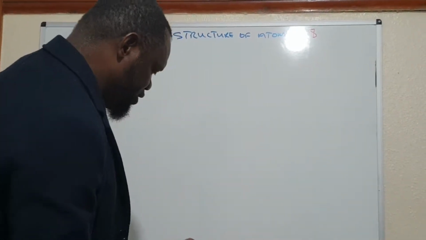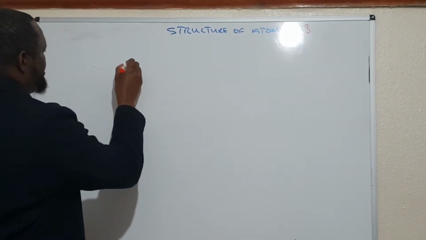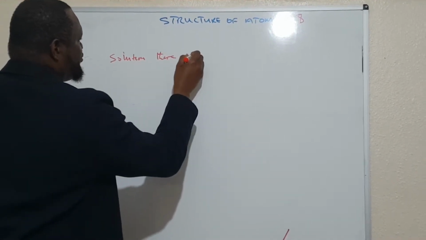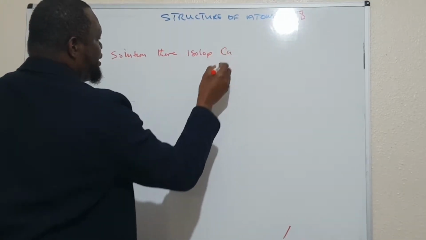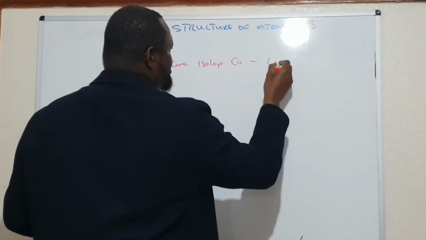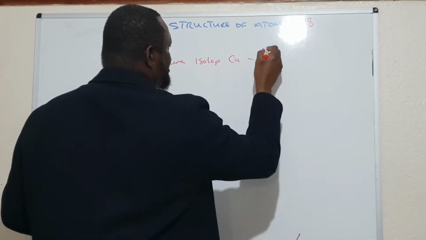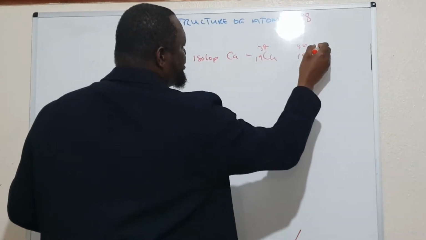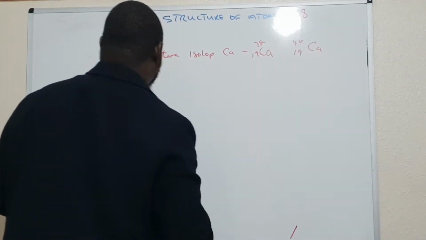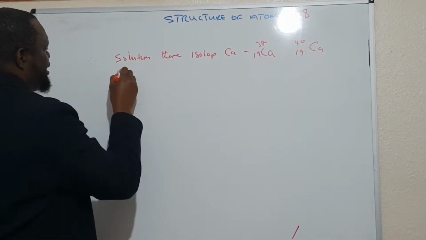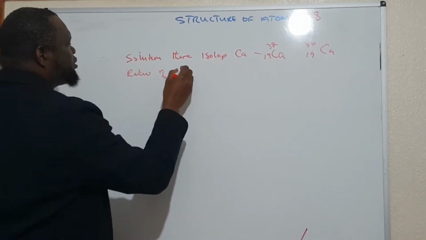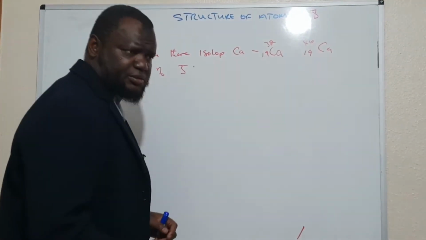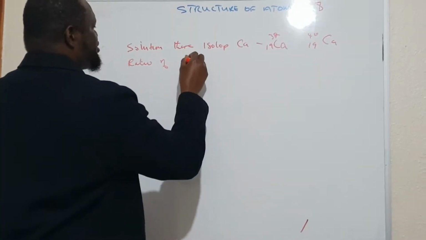The question is, in the solution there are isotopes of calcium, Calcium 38 and Calcium 40, and they are in a ratio of 4 is to 1.